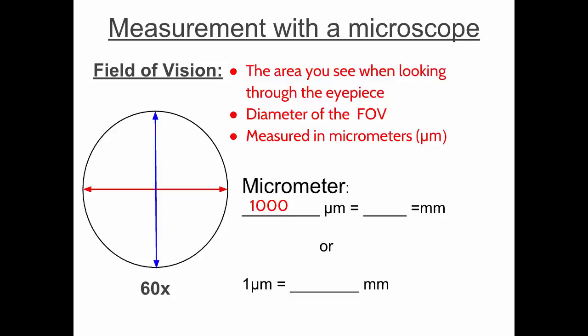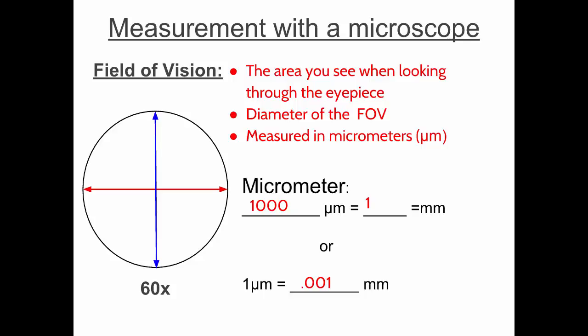So a micrometer is obviously quite small. So 1 millimeter equals 1,000 micrometers, or if we say it inversely, 1 micrometer is 1/1000th of a millimeter.